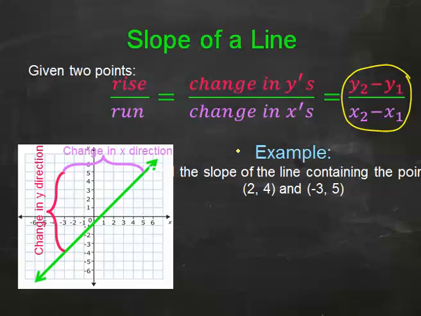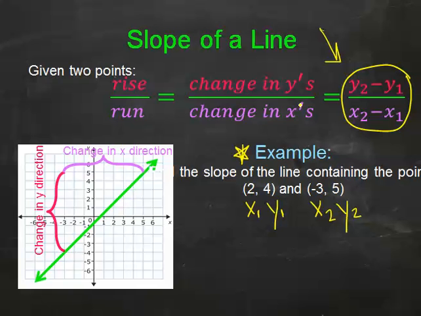So let's look at this example down here. We have an x and a y for our first point, and an x and a y for our second point. And just like that, we have our first point, so this would be the x1, y1, and the other would be the x2, y2. The hardest part is labeling those. Then all we do is we plug it into our formula right up here.